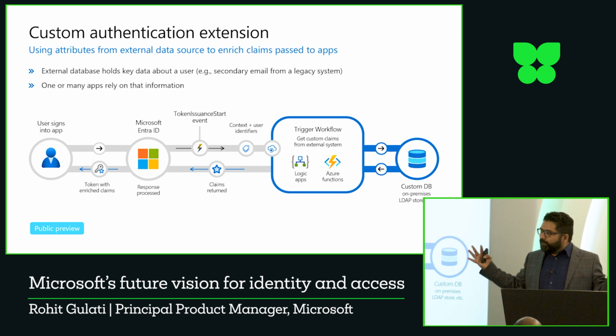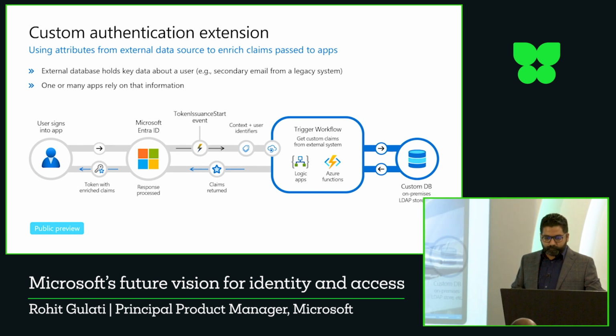Can't I grab everything and give it to you in one identity token? That's the capability. This is available today for you to use. You can bring this information using Azure Functions, Logic Apps, or your own REST API, but it gives you a consistent model as an admin to build such apps.